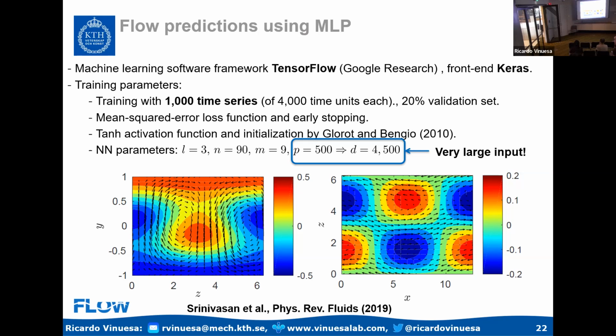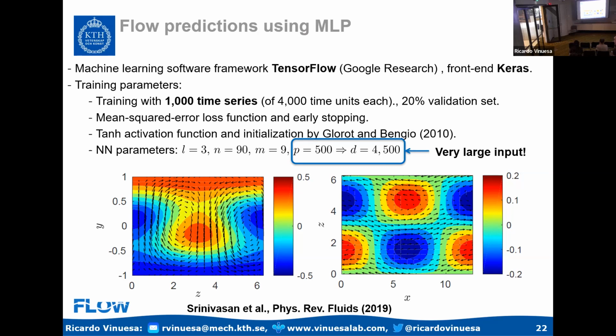So the MLP is a simple architecture that doesn't necessarily perform very well, but it's a good baseline for the type of performance. In fact, here we needed 500 steps. That's a total of 4,500 values in the input, because I have 9 coefficients, to obtain reasonable predictions. That's a huge input for my network, because it doesn't understand how the data is organized in time.